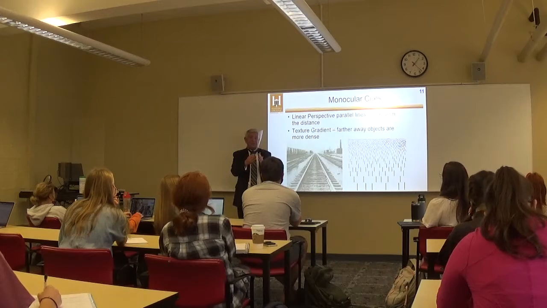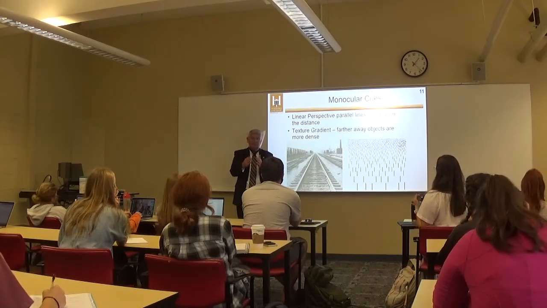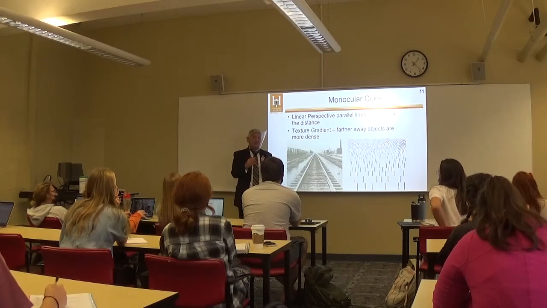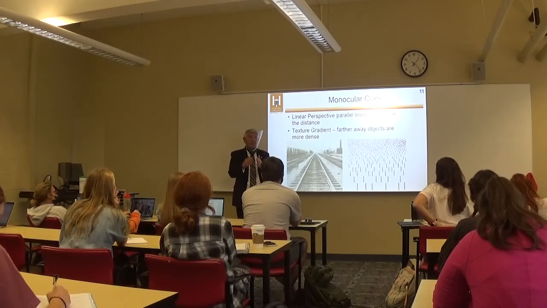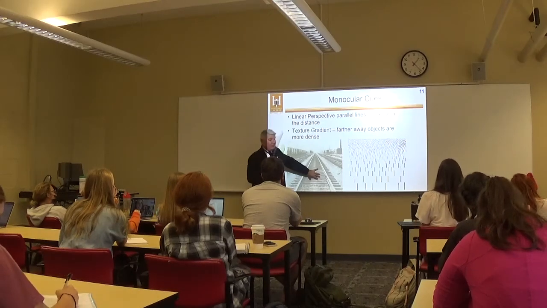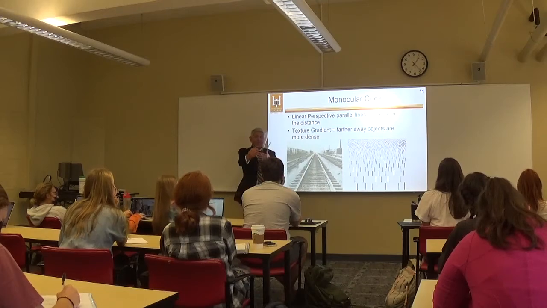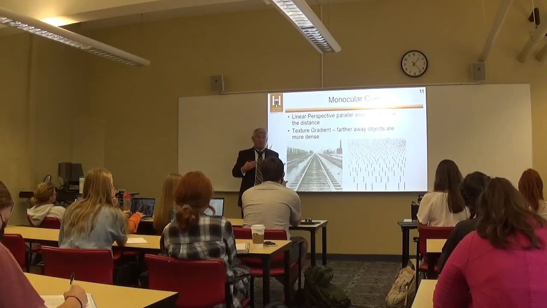Therefore, since the size is constant, what must be changing? The distance, the depth, right? If we know the size is constant, but our perception of size is getting smaller, we have to compensate by saying it must be further away.